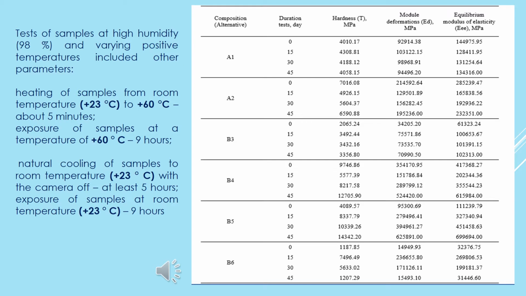Exposure of samples at a temperature of plus 60 degrees Celsius, 9 hours. Natural cooling of samples to room temperature plus 23 degrees Celsius in the chamber, at least 5 hours. Exposure of samples at room temperature plus 23 degrees Celsius, 9 hours.